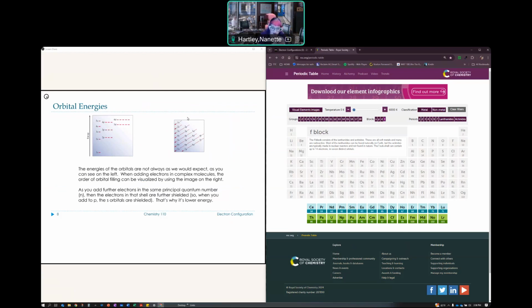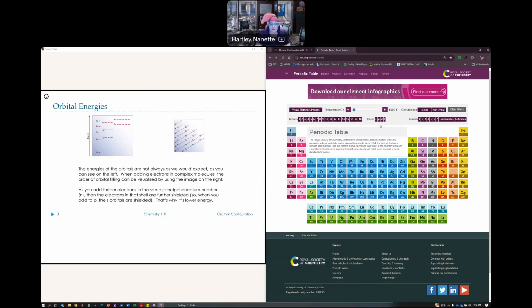It turns out that as we talk about these things, s orbitals are really easy to fill. They're small. If I put one electron in it, that's good; 2 electrons is better. When an orbital is half full, that gives us some energy stability. When it's completely full, that's a lot of stability.